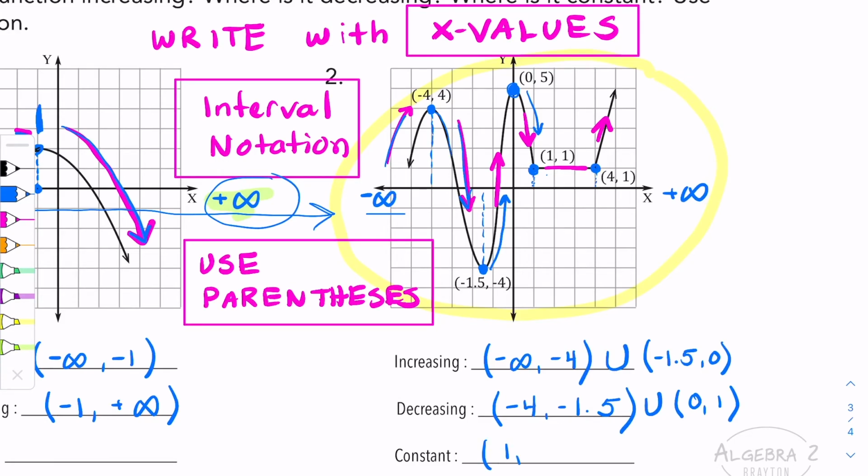So between 1 and 4, we are constant. And then at 4, heading towards +infinity, we are going back up. So that's our last increasing interval. Whenever you have multiple intervals, you need to make sure you're using a union to separate them.